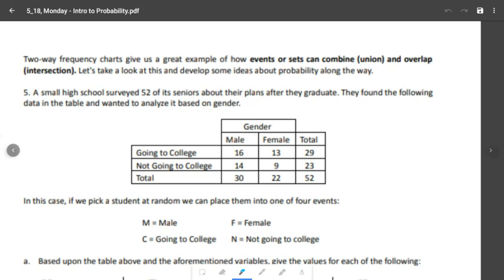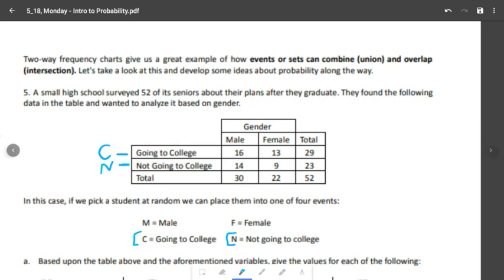So notice in the table, we have 2 rows, well 3, but 2 here. The first row means that you are going to college, and we're going to use the letter C to represent that. The second row means that you're not going to college, and we're going to use the N to represent that.